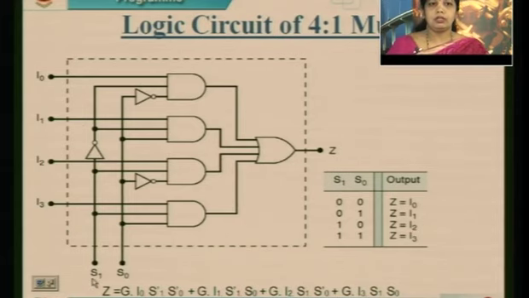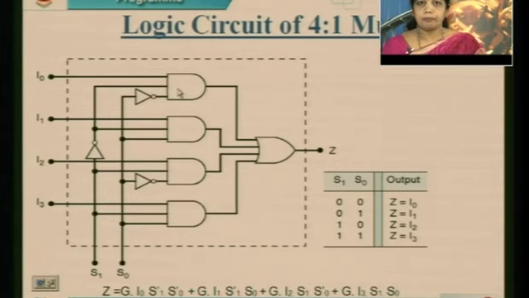Suppose I take S0, S1 as 0 0. If these 2 terminals are 0, the inverter gives 1, and the other NOT gate here also gives 1. If my I0 is coming over here, all the inputs of the first AND gate are 1. If all the inputs of an AND gate are 1, the output will be 1.